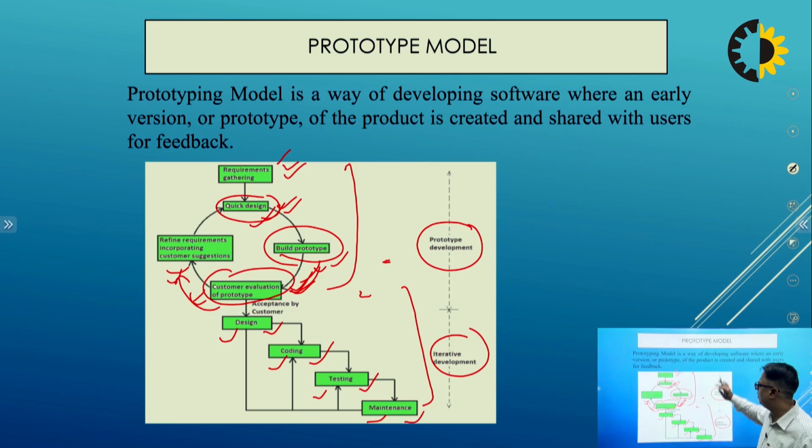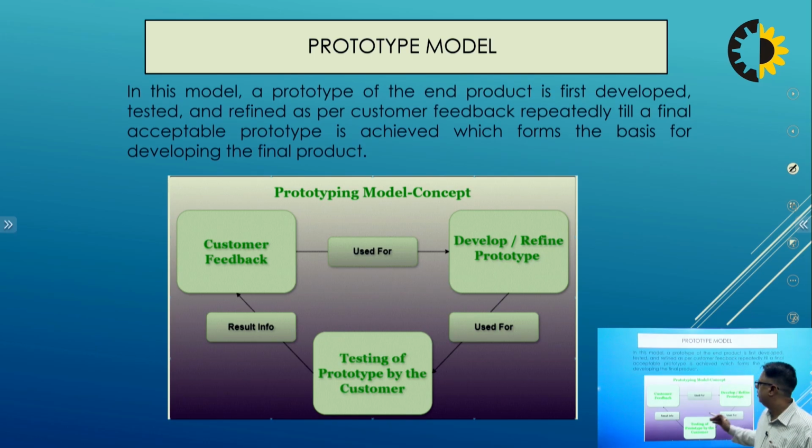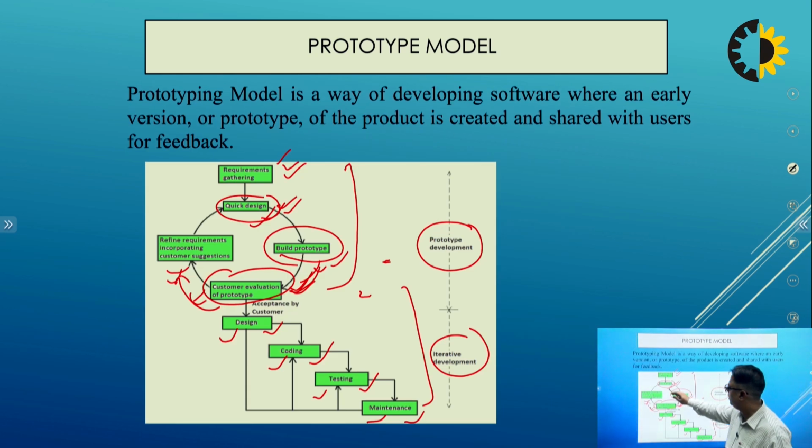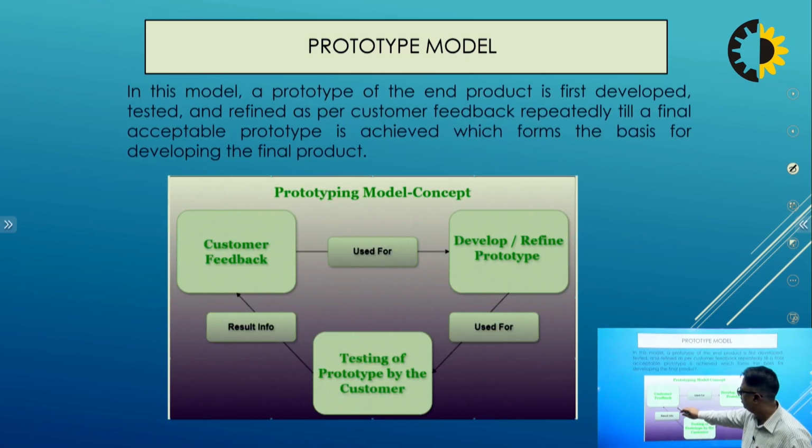So this is the basic architecture and basic phase-wise model for the prototype model. Now it shows the cyclic structure. In previous slides we saw quick designing, build prototype, customer evaluation and refinement of the requirements. Here, customer feedback is used for developing and refining prototypes, and the customers test the prototype.